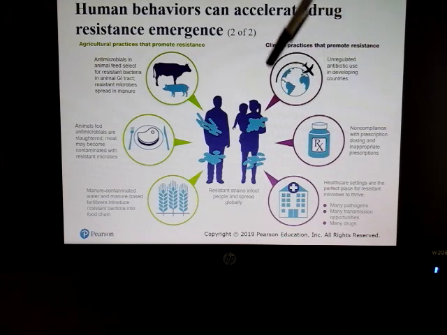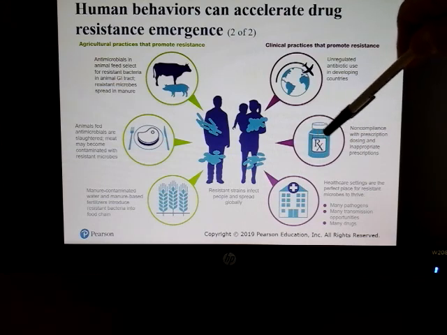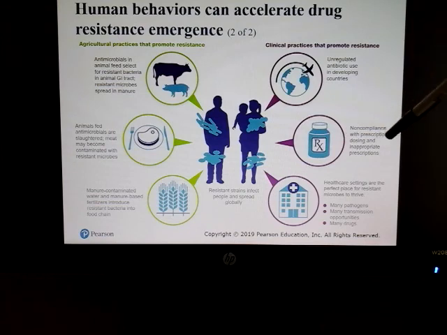People fly around the world, but not all countries regulate antibiotic use. Not everybody takes their medication the way that they're supposed to. So if you don't take the whole prescription, guys, it's quite possible you're going to be starting to breed resistant types of bacteria. Also, if you are a healthcare worker, you're exposed to more resistant types of microbes than most normal people would be.